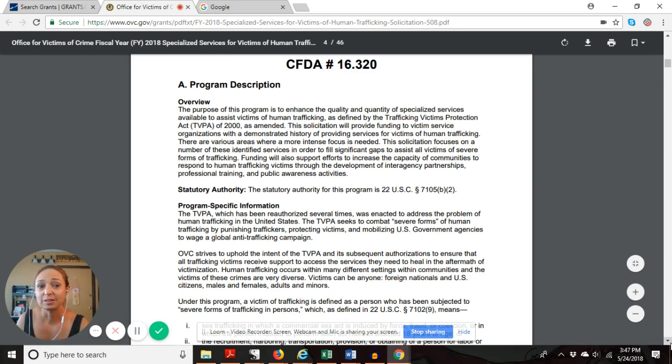So they're saying this solicitation focuses on a number of these identified services in order to fill significant gaps. And funding will also support efforts to increase the capacity of communities to respond to human trafficking victims through the development of interagency partnerships, professional training, and public awareness activities.